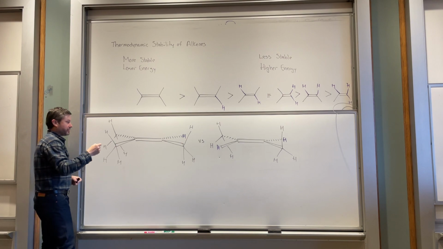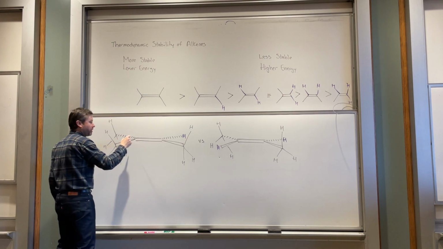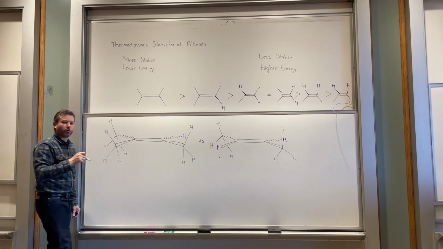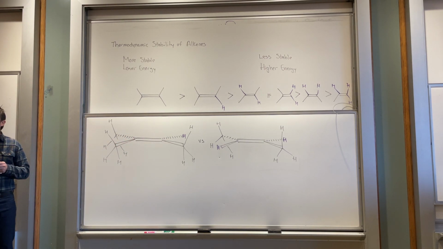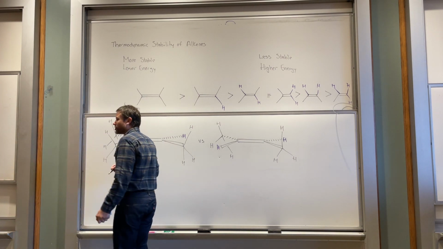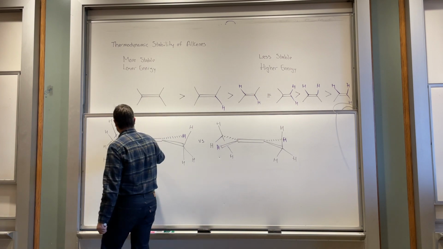So the orbital that is going to be important is the pi star orbital, the carbon-carbon pi antibonding orbital. So what would that look like? How would we draw a pi antibonding orbital on the alkene? Yeah, so it kind of looks like the original p orbitals that are trying to get apart from each other.